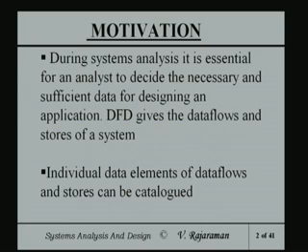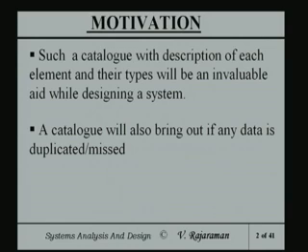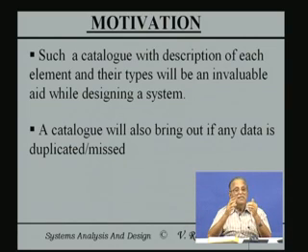And individual data elements of data flows and stores can be cataloged, and this catalog is a description of all the elements. It is a tremendous documentation aid. You can detect at this time any duplicated data, missed data and things like that, and it is very useful while designing a system.